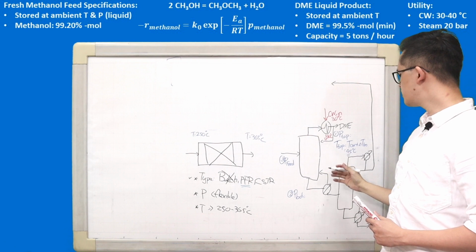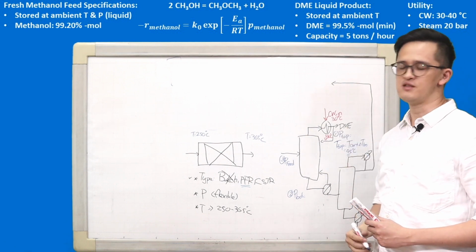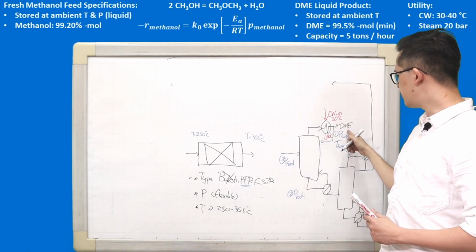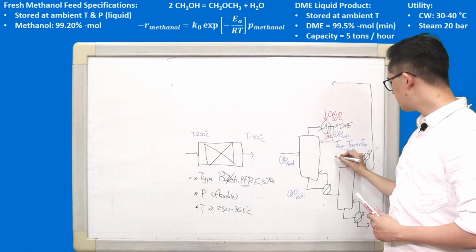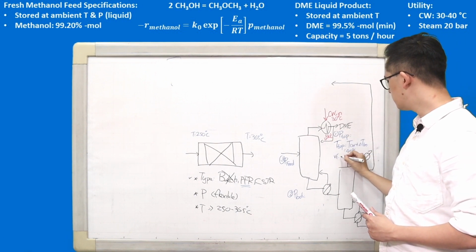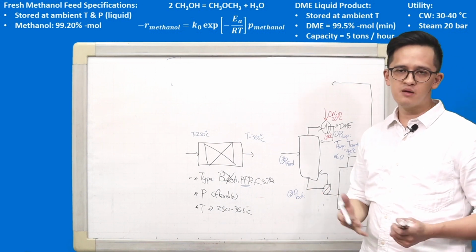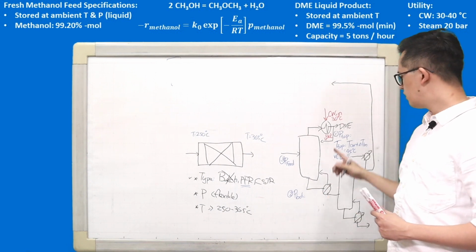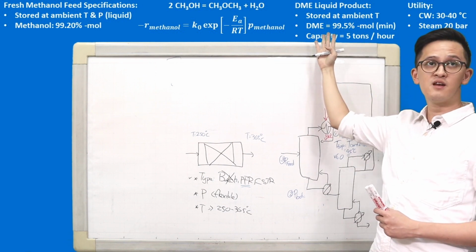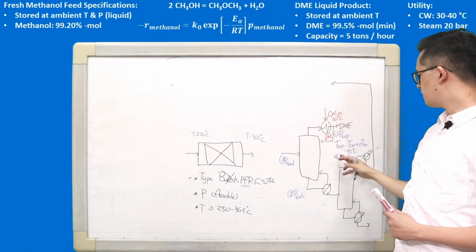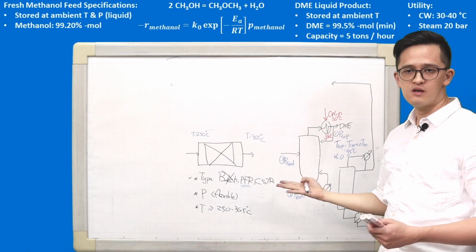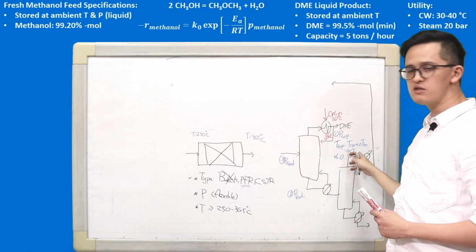Using this information, then we fill out the rest of the information. We want to get DME as a liquid. That means the vapor fraction will be 0, a saturated liquid. And if you remember from your thermodynamic course, if we know the compositions at 99.5, we know the vapor fraction, it's a saturated liquid. We know the temperature is 45 degrees C.